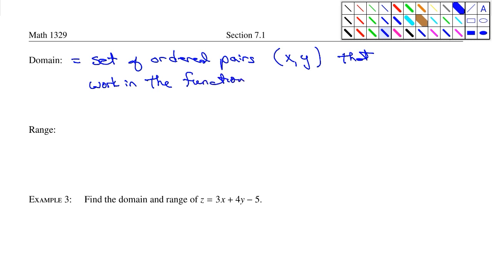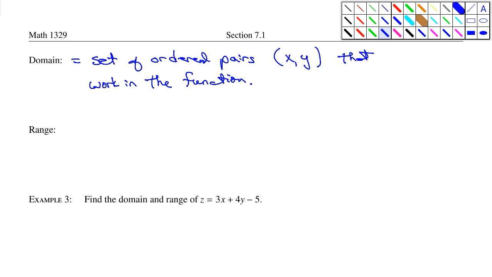And we may need to take values out because they don't make sense in the context of the problem. For example, in the volume formula, we couldn't have negative r or negative h or even zeros for those values. Or it could be because the function has certain aspects that make it impossible to evaluate.